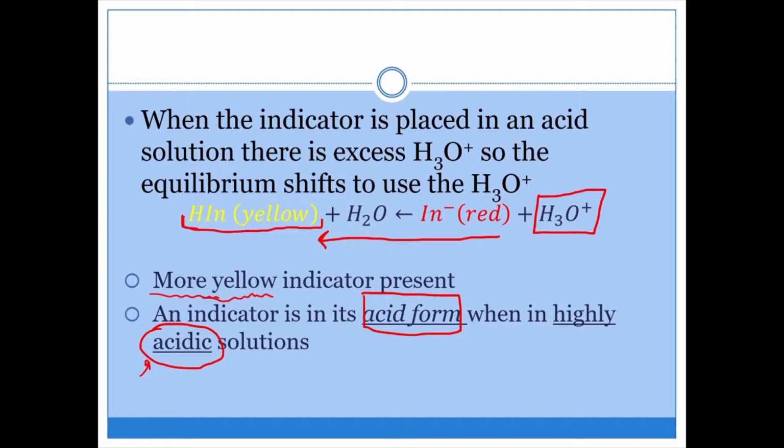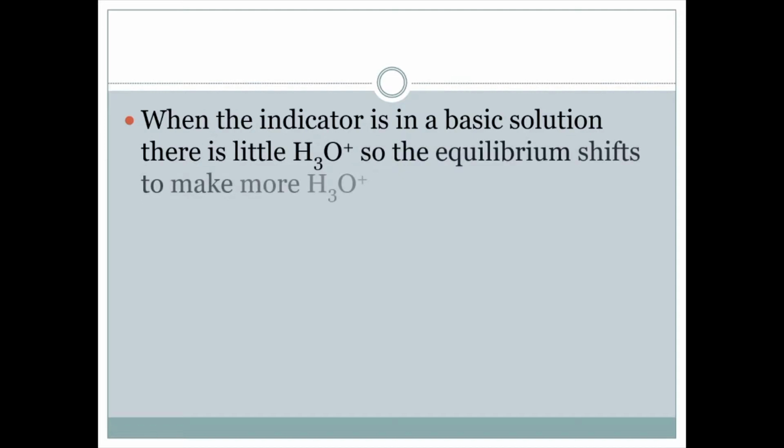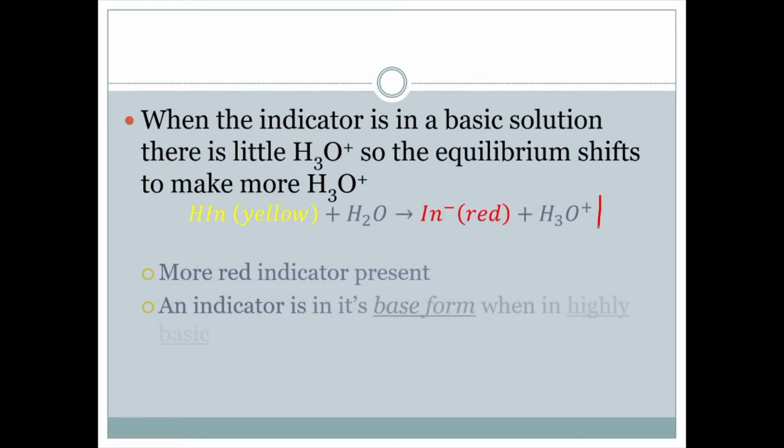Now the same can be said if you place the indicator in a basic solution. In a basic solution, you have a lot less hydronium. So the equilibrium will shift in such a fashion as you make more. This amount here is very small, so you have very small amounts of hydronium in a basic solution.